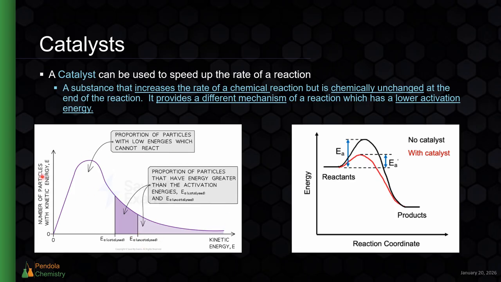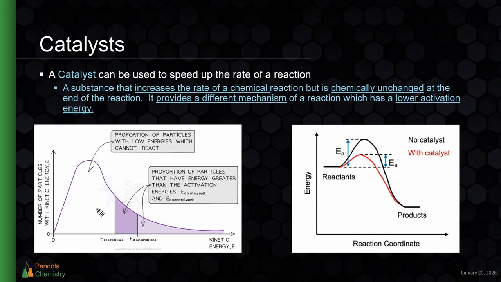So the only thing on the Boltzmann distribution that changes with the catalyst being added is that the activation energy line gets shifted towards the left, lowering the activation energy. What that ends up happening, which you can see in this Boltzmann distribution here, is that we get a higher proportion of the particles being after the activation energy, which means more of those reactions will lead to successful collisions.